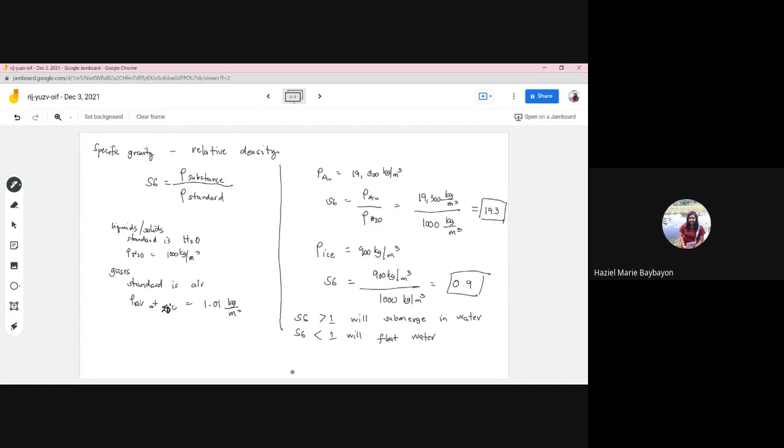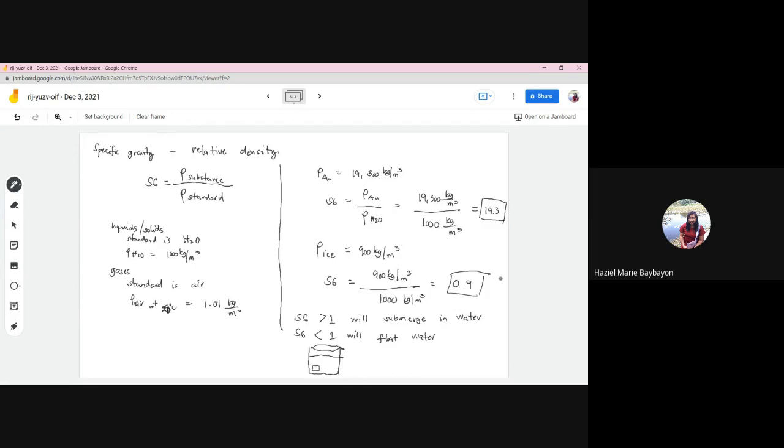Okay, so for example, if you have a beaker or a glass that is partially filled with water, and then we put here a small amount of gold. Then expectedly the gold will be totally submerged in the water.